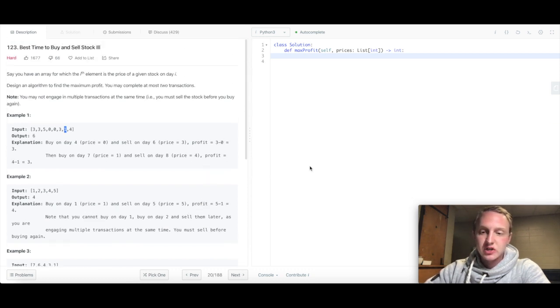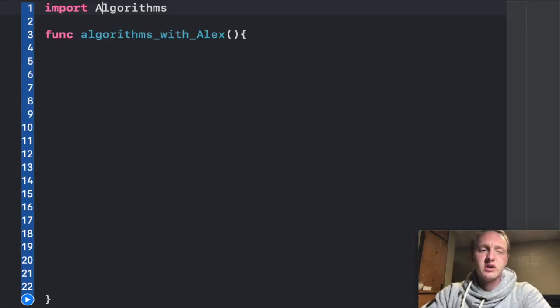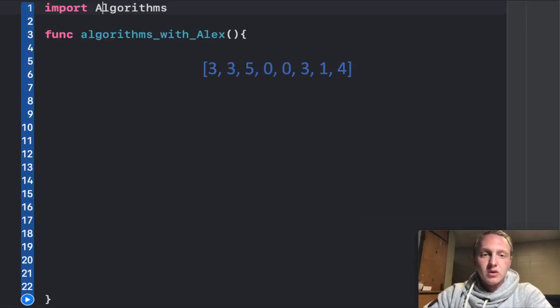So let's start looking at the ways we can solve this problem. We have our original example number 1, the array 3 3 5 0 0 3 1 4. Essentially, what you want to start thinking about is how you would solve this problem if you had just one transaction.